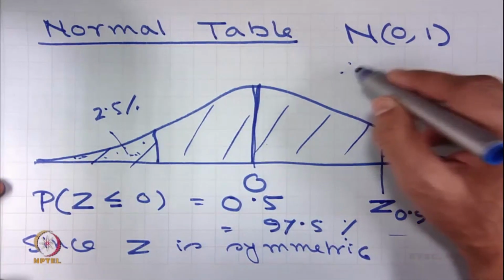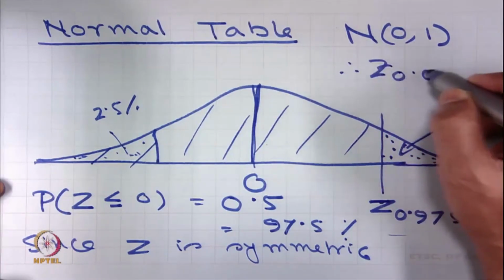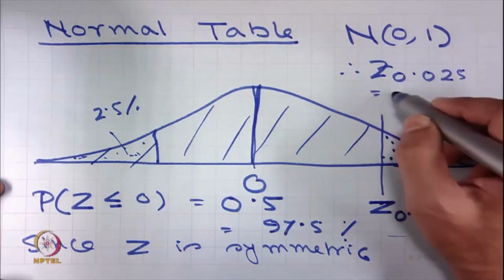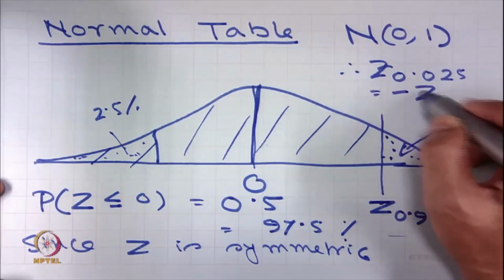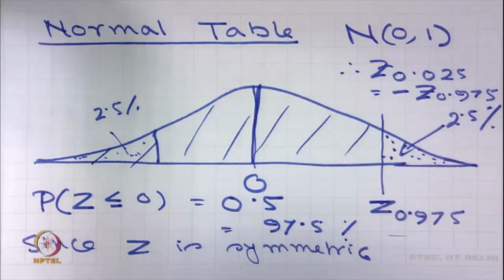Therefore, Z of 0.025 is equal to minus of Z of 0.975.